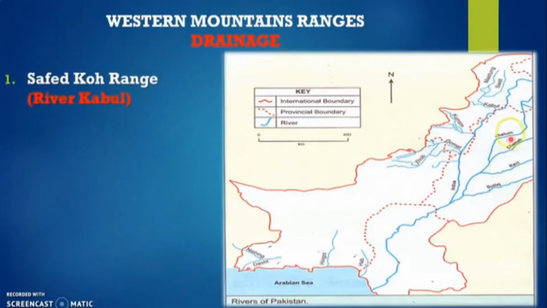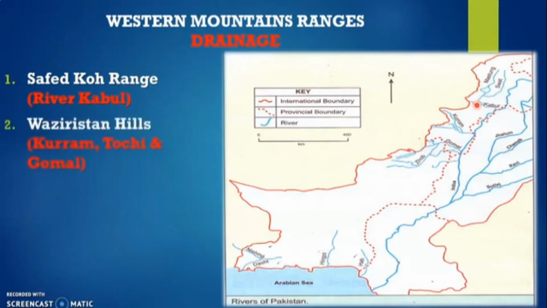Number one, when we talk about the Safed Koh range that we discussed in the previous map, then river Kabul over here is basically coming from the Safed Koh range and falling into the Indus. If we talk about the Waziristan Hills, then the Kurram and Tochi and Gomal, that is Kurram, that is Gomal, Tochi is somewhere over here as well. So these rivers are basically coming from the Waziristan Hills and falling into the Indus River.